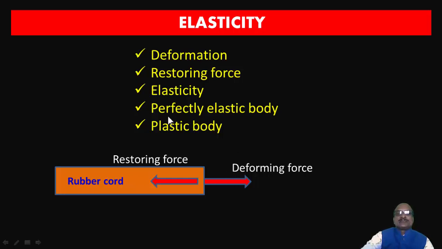As soon as we remove the deforming forces, if the body restores its initial shape and size, then we say that the body is a perfectly elastic body. On the other hand, if we apply small forces to the material body, and after removing these deforming forces the body still remains in its changed configuration, then we say that the body is a plastic body, and the property is called plasticity.